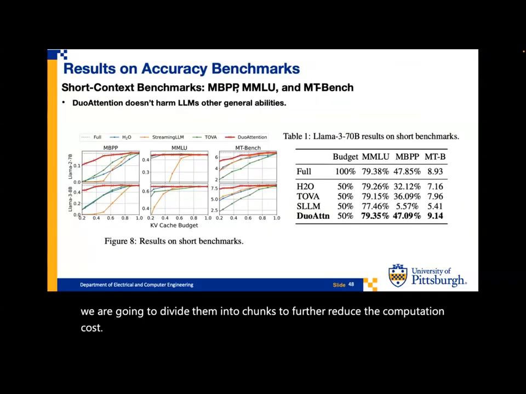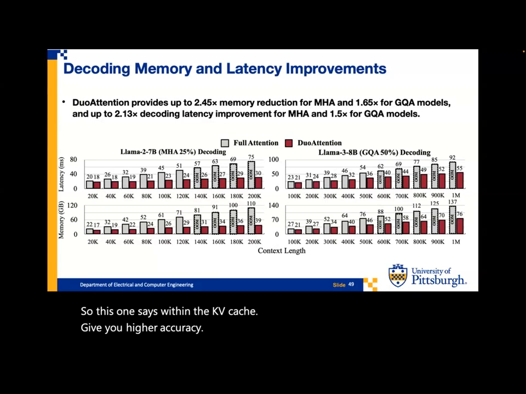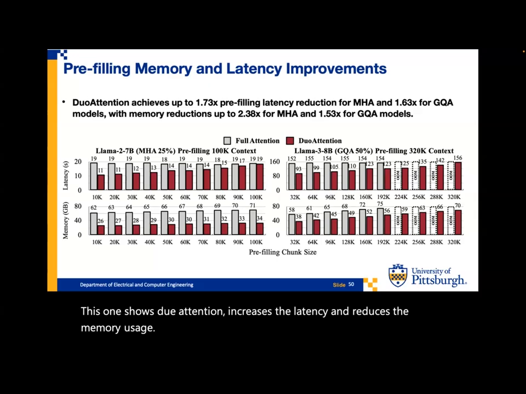This one says dual attention does not harm other general capabilities. This one says within the KV cache, it gives you higher accuracy. This one shows dual attention increases the speed, reducing latency and memory usage.